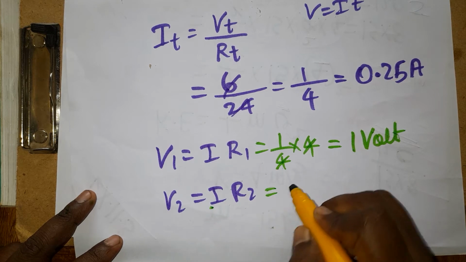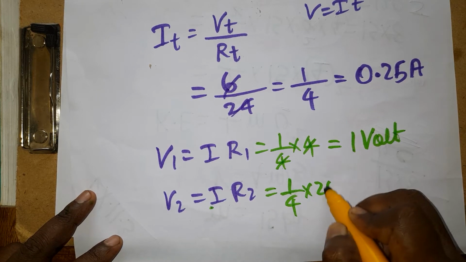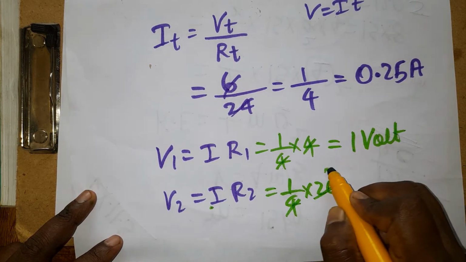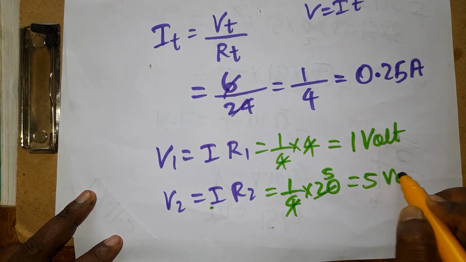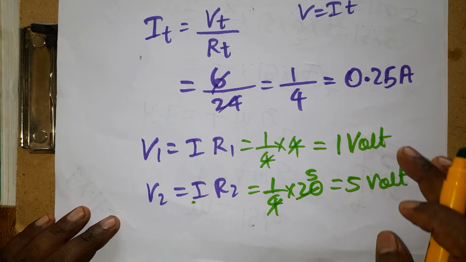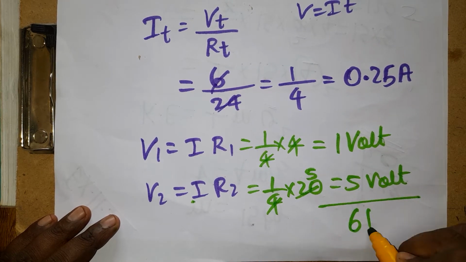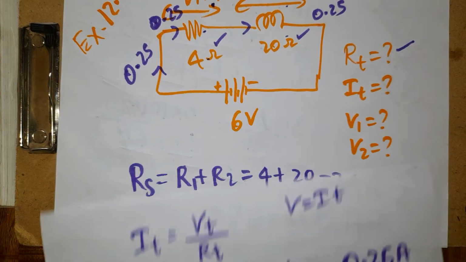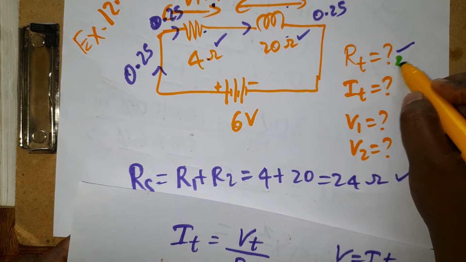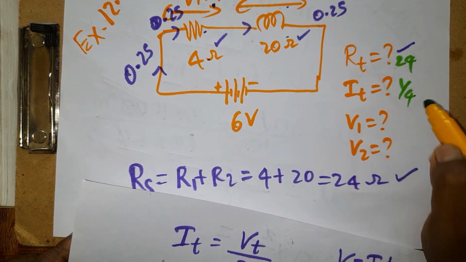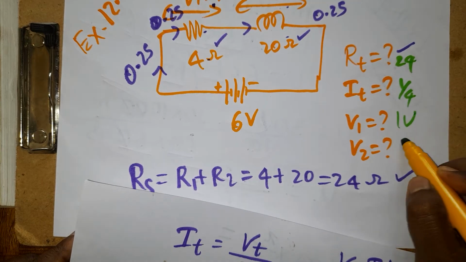Again, I is 1 by 4, R2 is 20. So this is going to give us 5 volt. You can cross check the problem. Together they will give us the total voltage. 1 plus 5 gives 6 volt, which is the applied voltage. This answer 24, this answer 1 by 4, this answer 1 volt, this answer 5 volt.